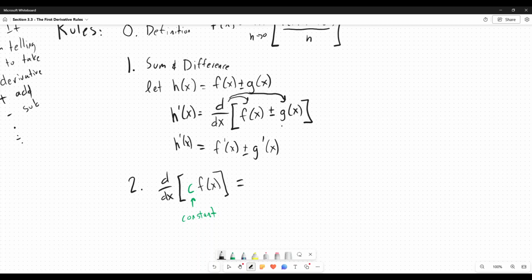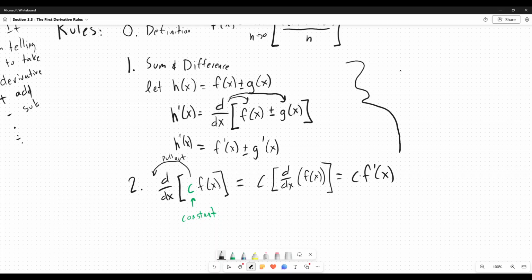Again, there are reasons for this that I can provide, or you can look at your textbook, but ultimately we get to pull out this constant, and we can say, just find the derivative of the function and multiply it by the constant. Okay? Now, these two rules right here should remind you about multiplication.